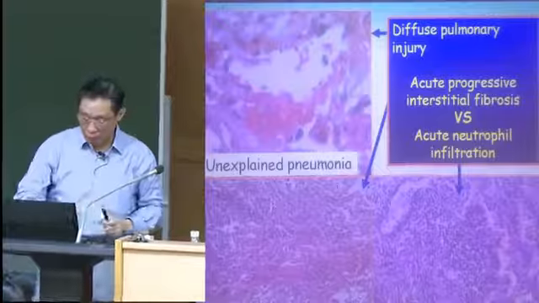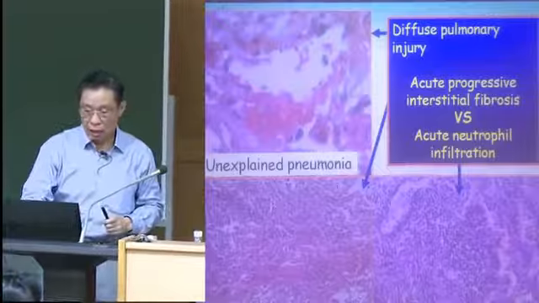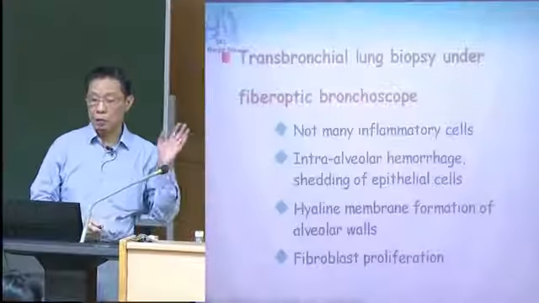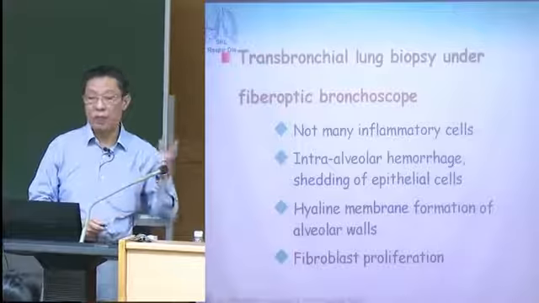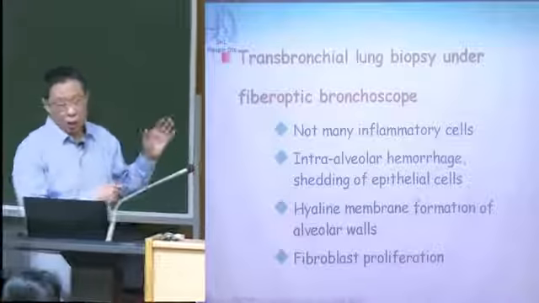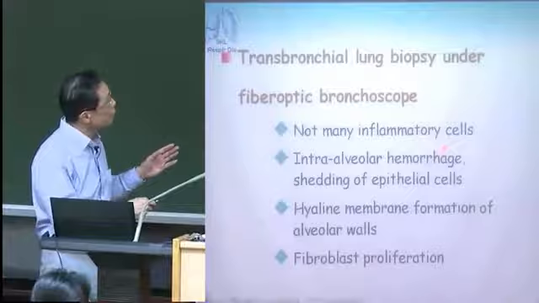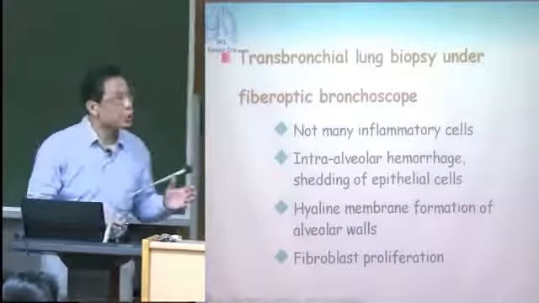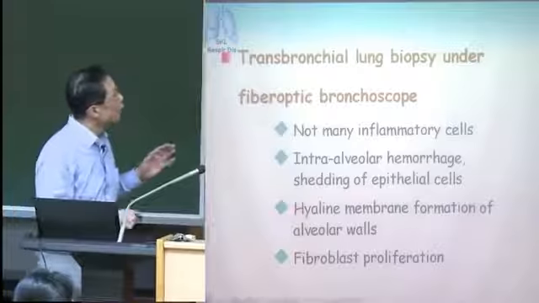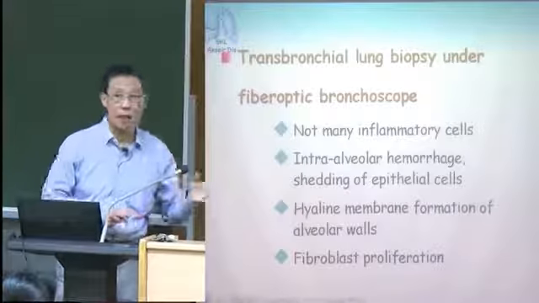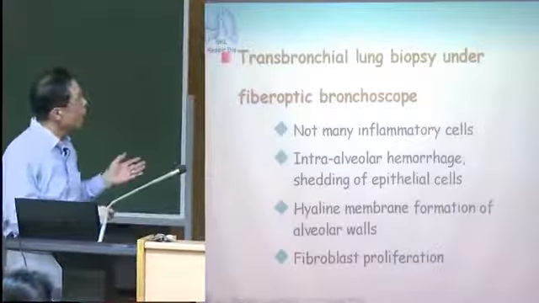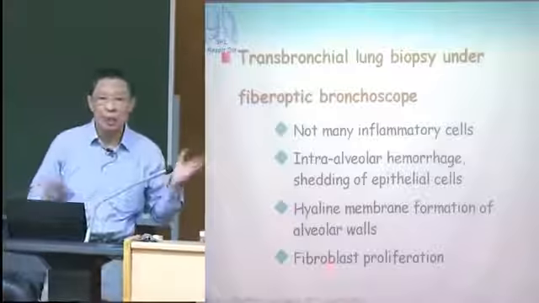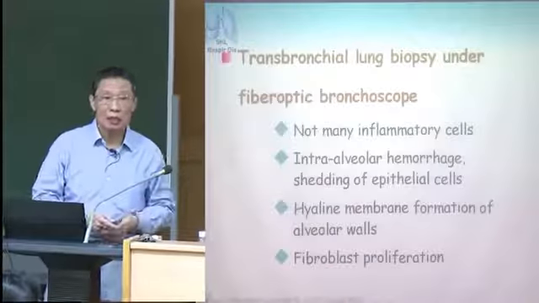The transbronchial lung biopsy under fiber optic bronchoscopy showed not many inflammatory cells, intra-alveolar hemorrhage, hyaline membrane covering the alveolar walls, and fibroblast proliferation, 增殖. That is different from pneumonia.